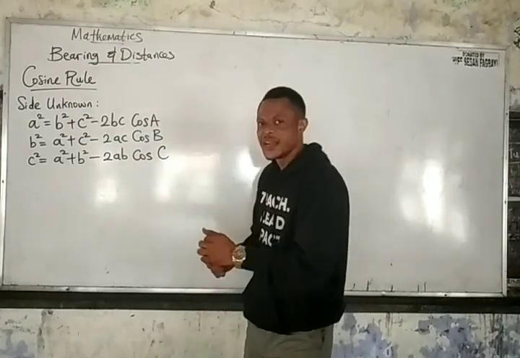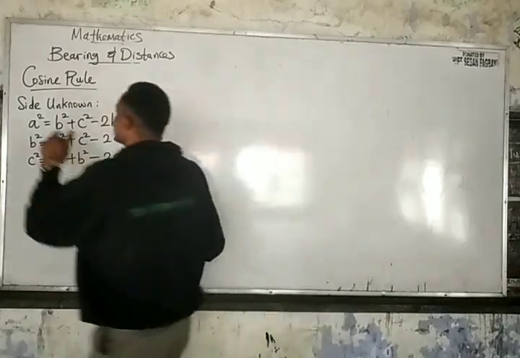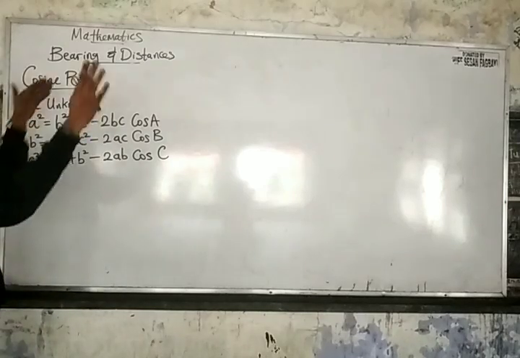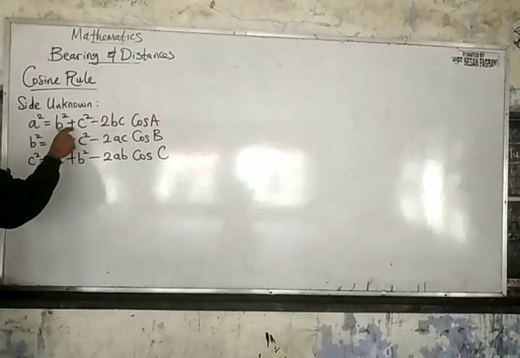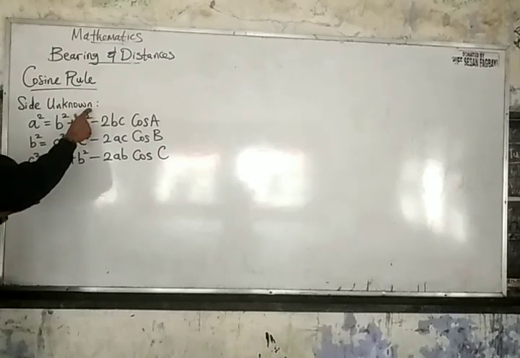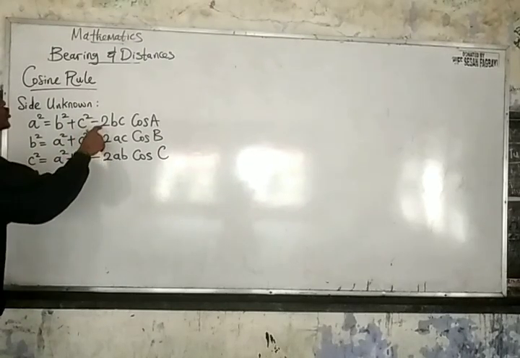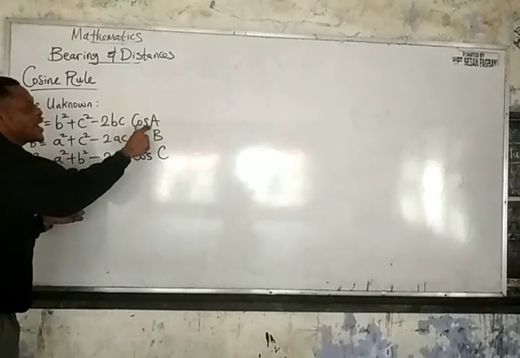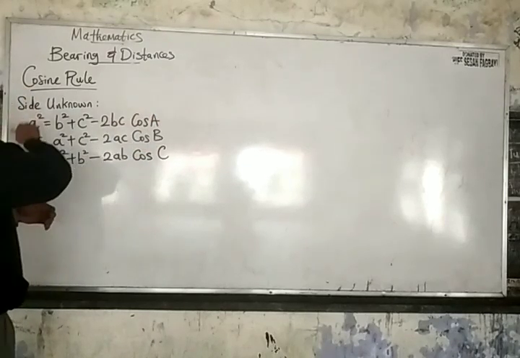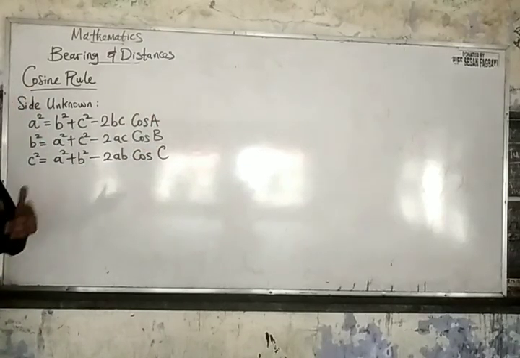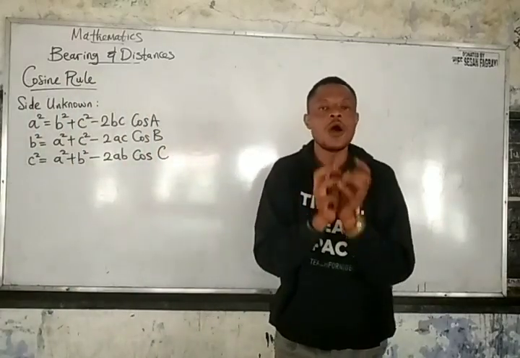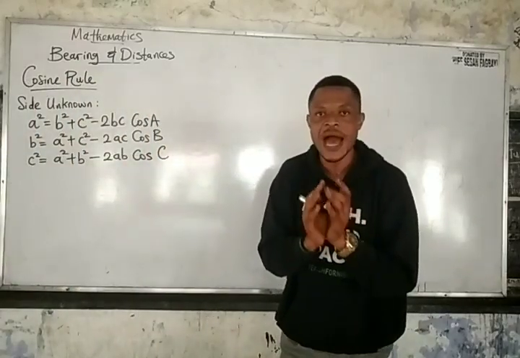We have the formula already given. That means the small side a squared is going to be equal to the two sides, b squared plus the second side, c squared, minus 2 multiplied by b and c multiplied by cos angle A. I want you to check the similarity so that you'll be able to understand how the formula goes.